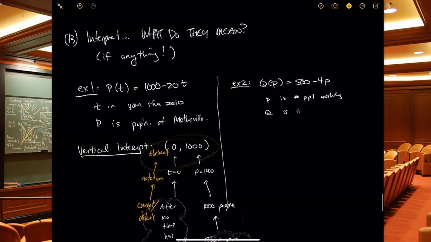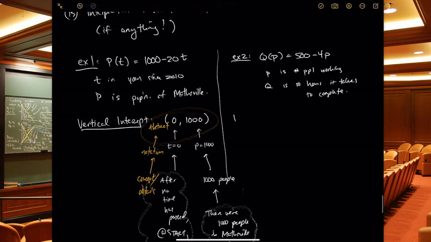Q is the number of hours it takes to complete. So the vertical intercept we said was (0, 500), and again you can see it right there. So what does this mean? Input P equals 0, output Q equals 500.